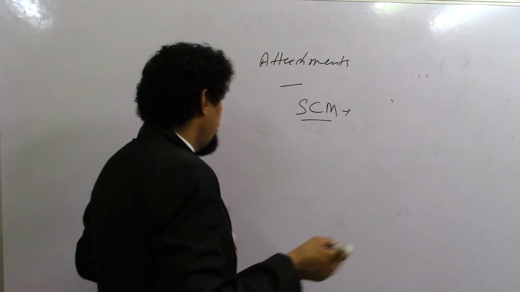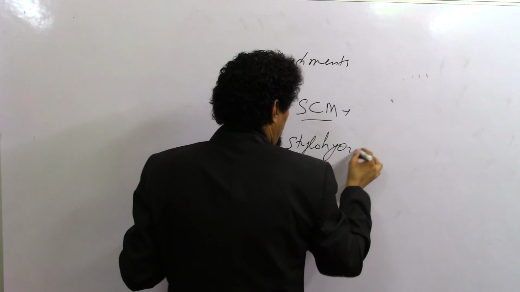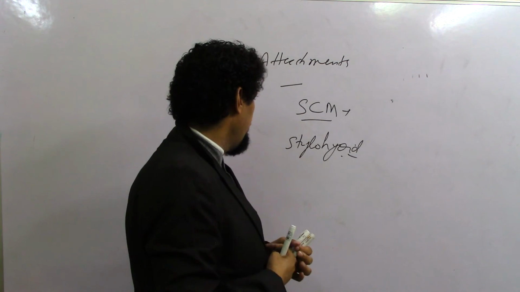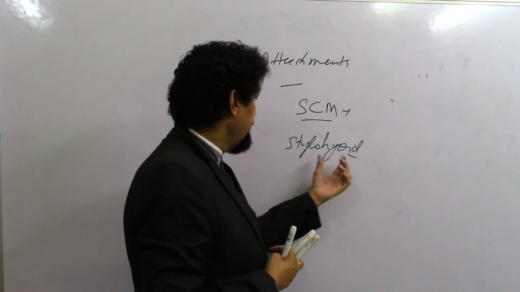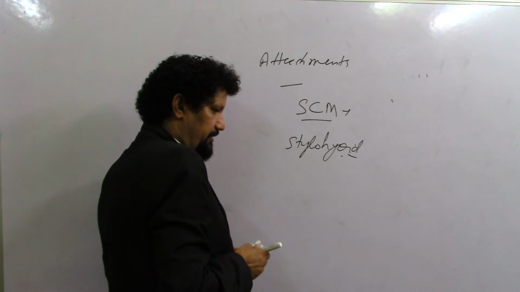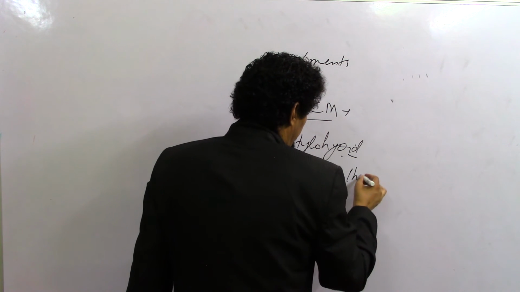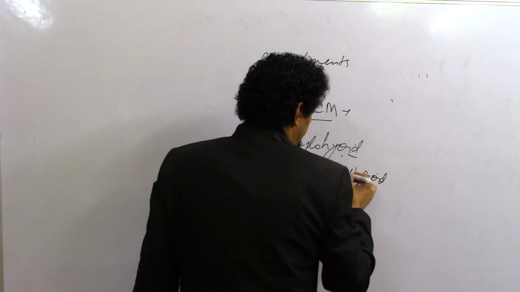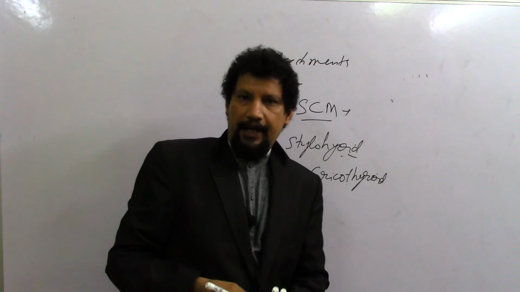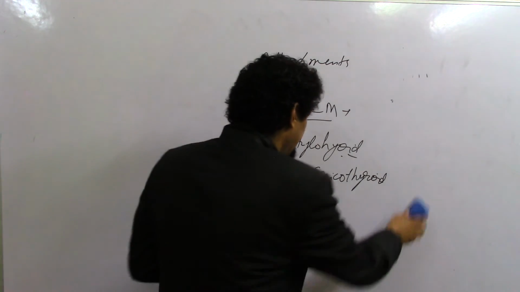The other is stylohyoid. When the muscle's name is given by its attachments, that is the styloid process and the hyoid bone, the name is stylohyoid. And when this is the cricothyroid, the name is according to its attachment to the cricoid cartilage and the thyroid cartilage of the larynx. So the name is cricothyroid.